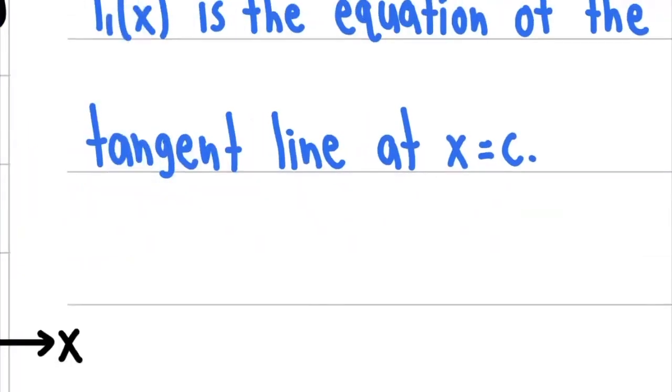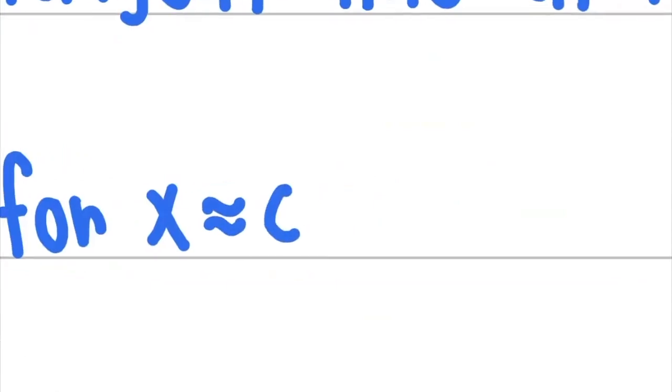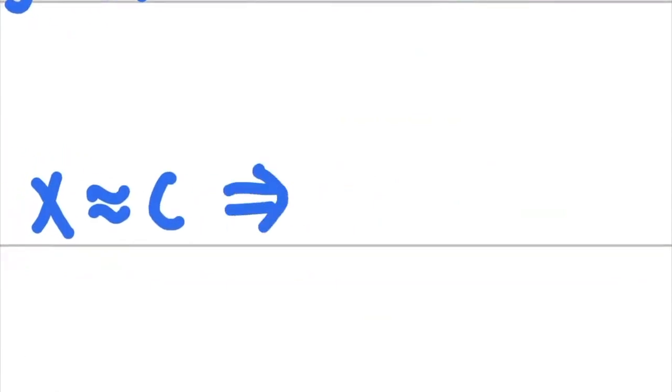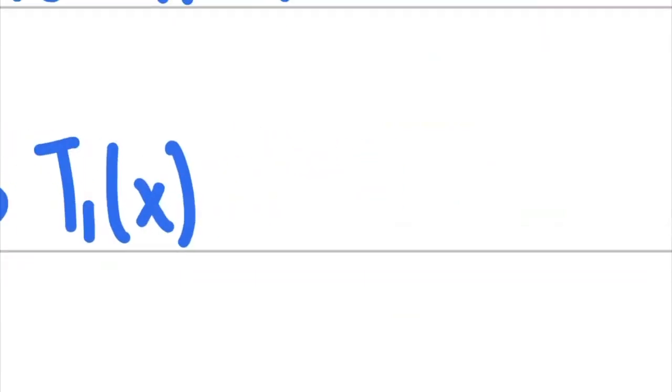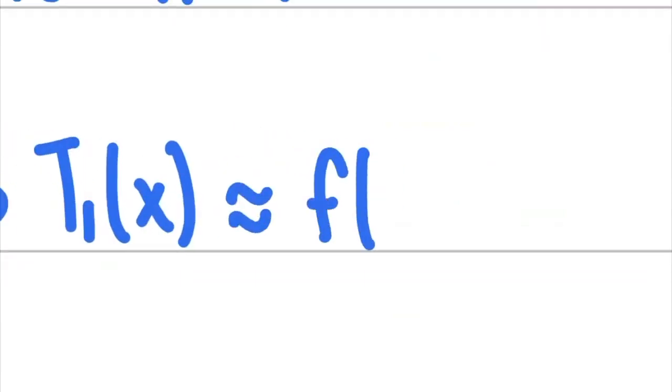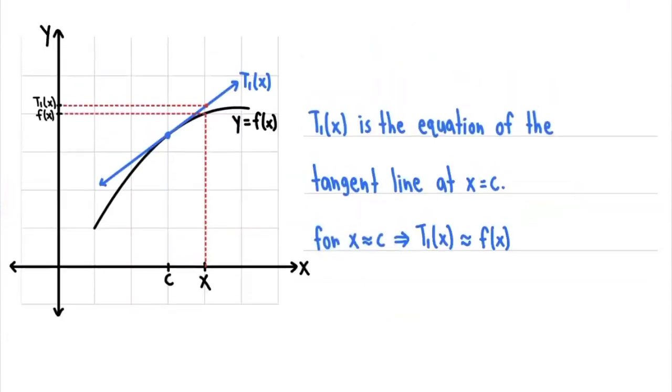So when x is close to c, for x approximately equal to c, we have that t1 of x is going to be approximately equal to f of x. So I hope you can see that that line is almost equal to the function when x is near c.